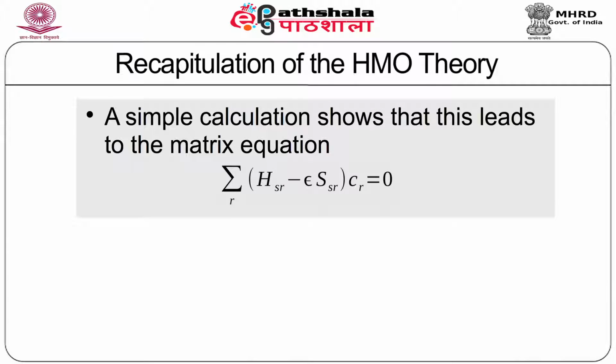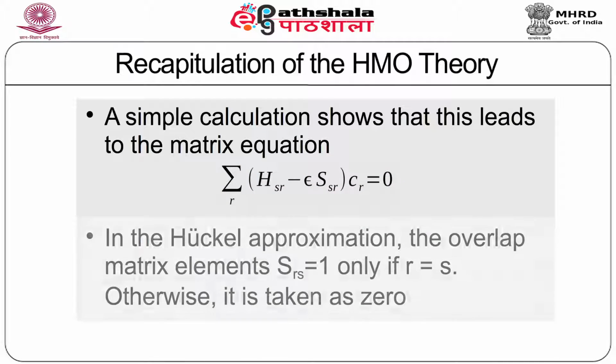And a simple calculation that we have carried out in the previous module shows that this leads to the matrix equation sum over r of (H_sr minus E S_sr) Cr equals 0. Now in the Huckel approximation, the overlap matrix elements S_rs equal 1 only if r equals s, otherwise it is taken as 0.